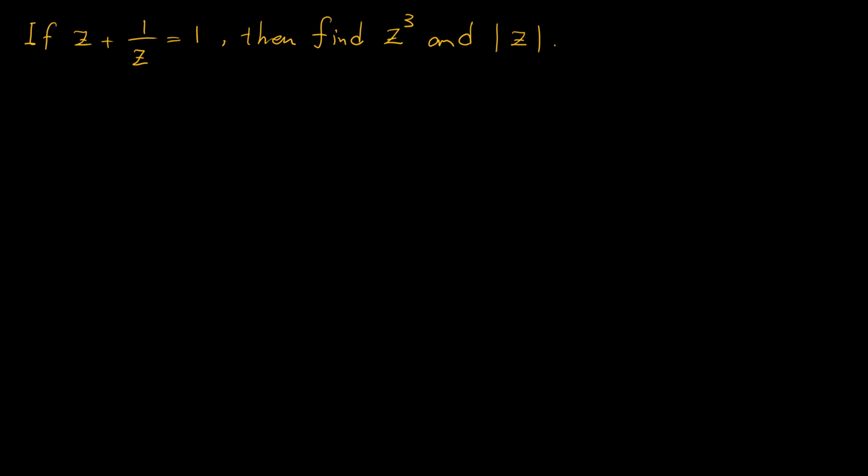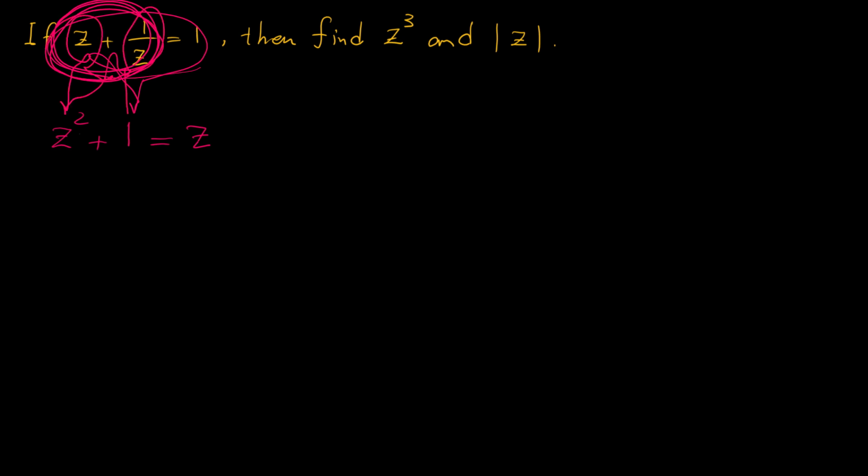Then we have z to the power of 2 plus 1 equals z. How did we get from this to this? We multiplied all the terms in the left side by z. z times z is z squared, 1 over z times z is 1. And the right side times z is z.